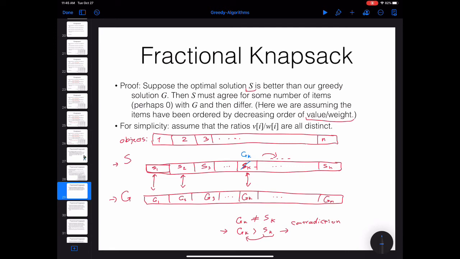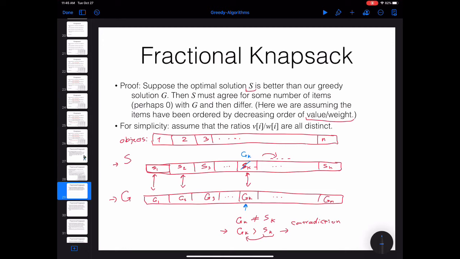Okay, it definitely cannot be worse because the value per weight ratio is going to be higher for this amount. You are going to take more value if you take more amount from the object K.